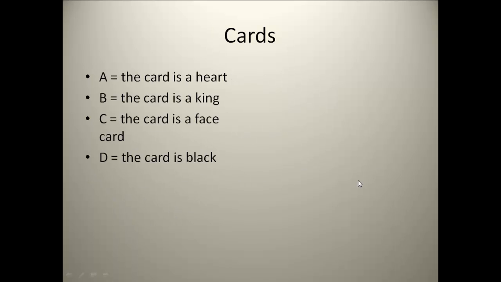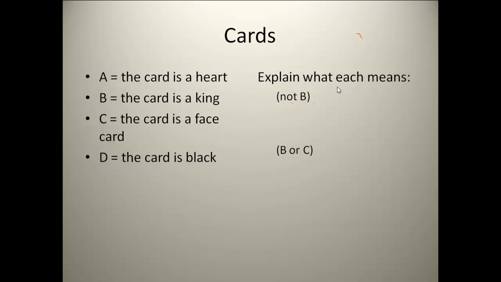Okay, here are a couple of examples. Here are 4 events that I've identified. The first thing I want to look at is, what does it mean to be not B? That's our complement of B. If we look over here, B says the card is a king. So not B would be that we do not draw a king, so the card we draw is not a king.